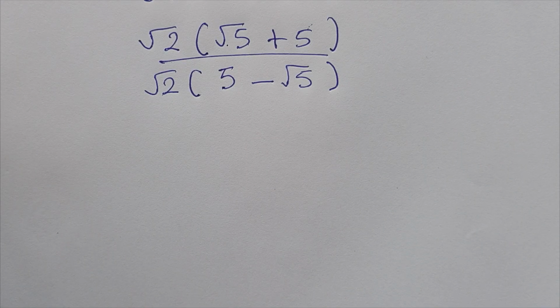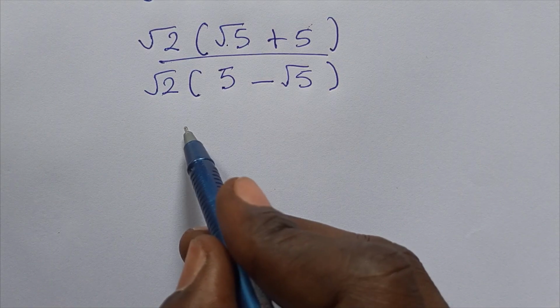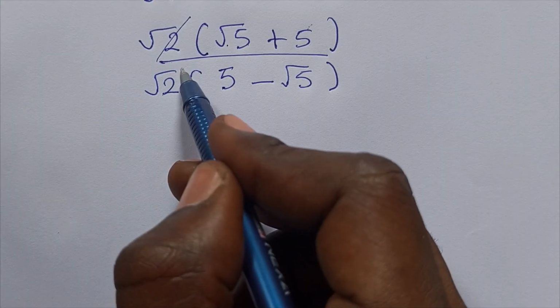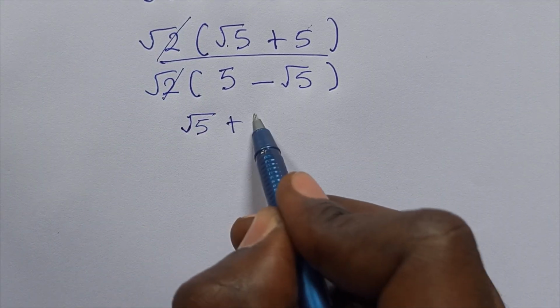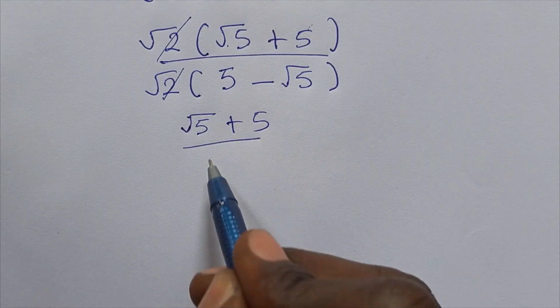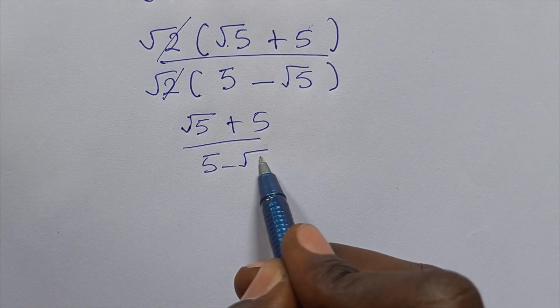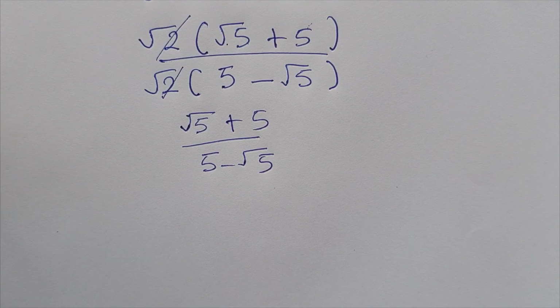So if this is what we have here, then we can see that root 2 can divide root 2, hence we are left with root 5 plus 5 over 5 minus root 5. So this is what we're left with.